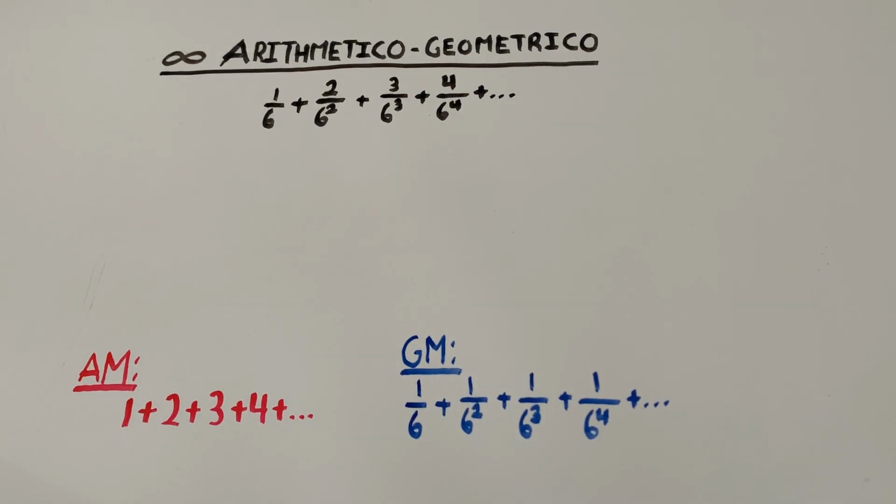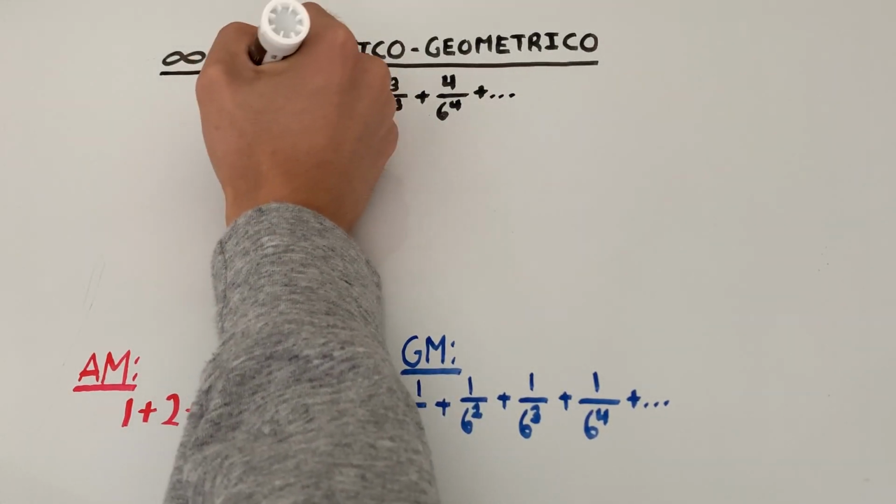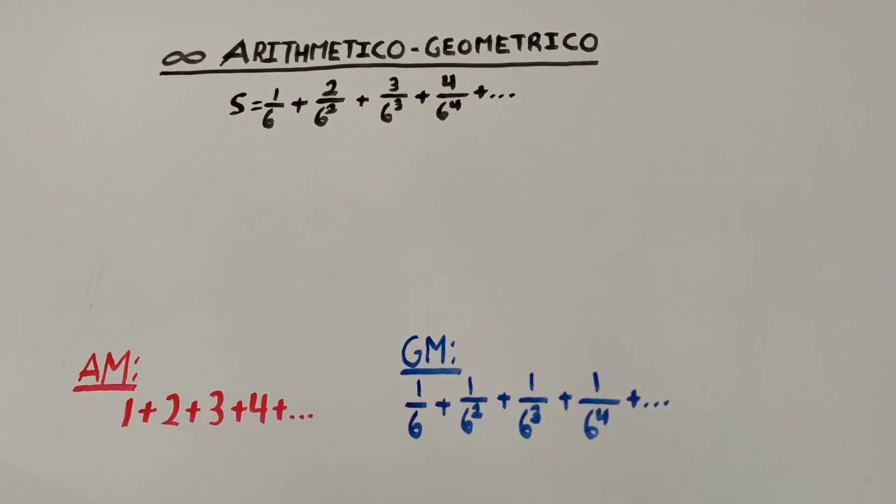Now we're going to approach an infinite arithmetico-geometrico series in the same way that we did for a finite arithmetico-geometrico series. So we're going to call this whole series S. So S is what we're trying to find. Now let's bring in a new series.